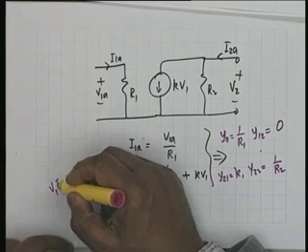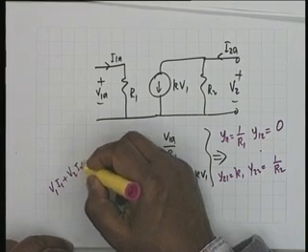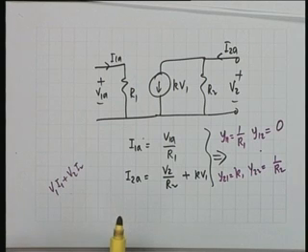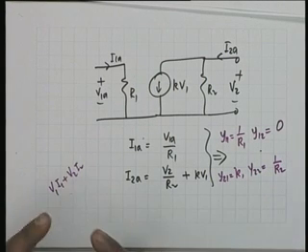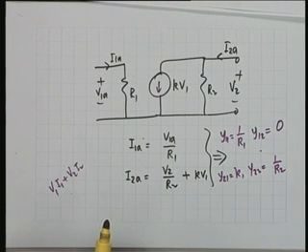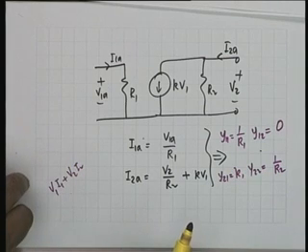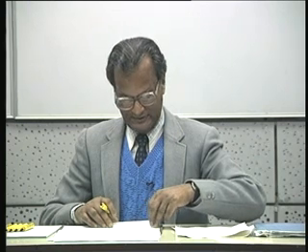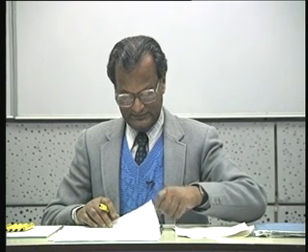Activity will be clear if you write V1 I1 plus V2 I2. You shall see that it can be less than 0. It is possible to make it less than 0. Alright, so this network is active, and can a transistor be passive?